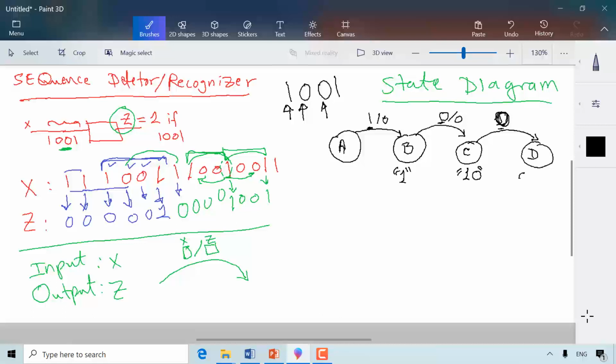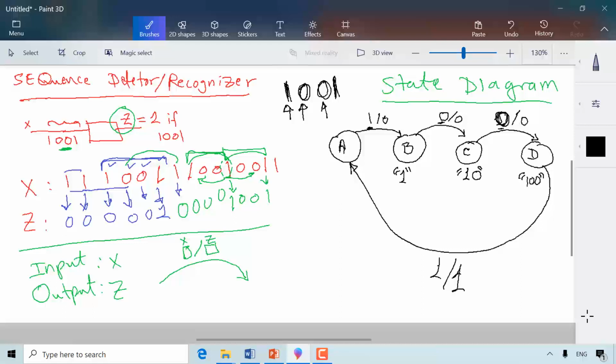So state D means that I have seen 1, 0, 0. I'm left with the last one. I'll take it to state A, and at that moment the output will be 1. The rest will be zeros. The output will be 0.